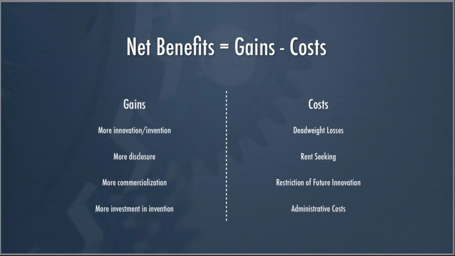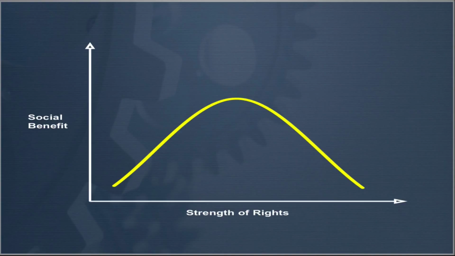So if you have broader patents, you're going to have both higher gains but higher costs, and it's a trade-off at every stage, right? And this gets back essentially to the graph that we talked about a little bit in class 2, which is, there is an optimum point somewhere in the patent system where we've achieved an optimal level of patent strength, patent scope, and the problem is we don't know where it is, right?